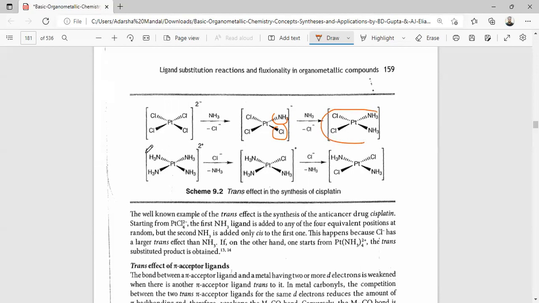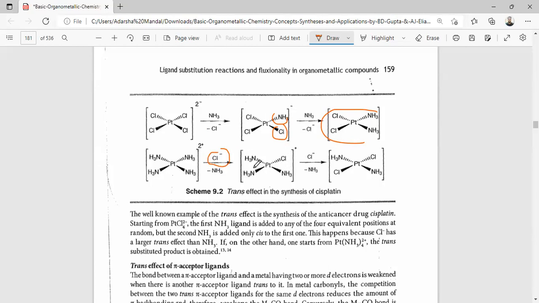And when Pt(NH3)4 2+ is the starting material, in that case the first Cl- is coordinated in any position. Next, the Cl- has a higher trans effect compared to the NH3.